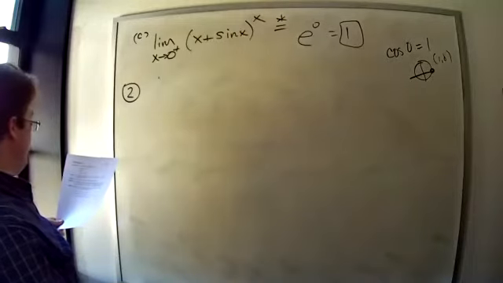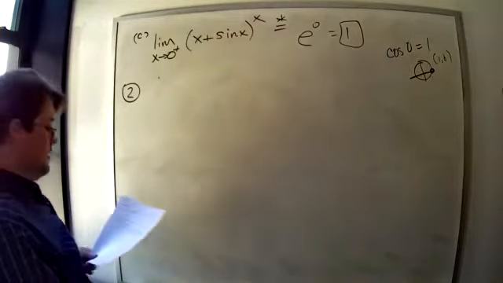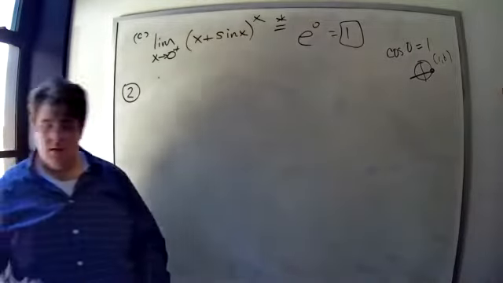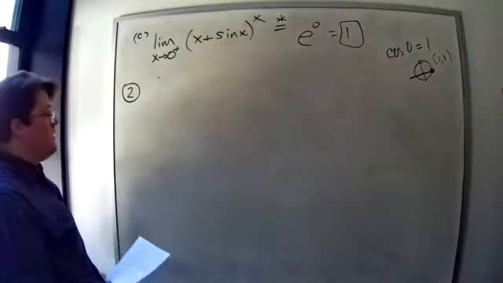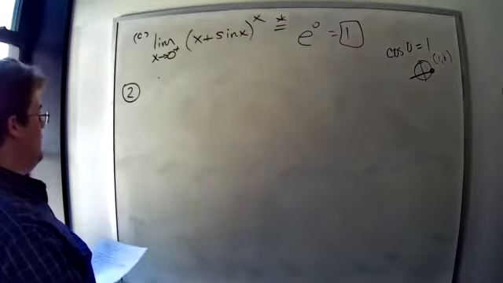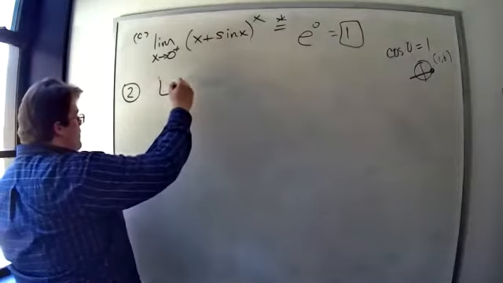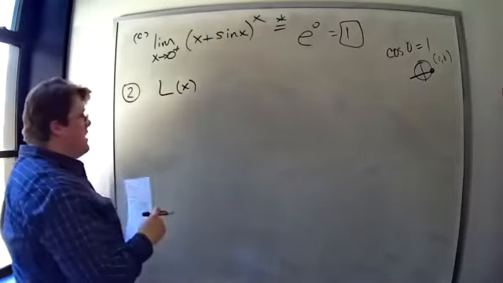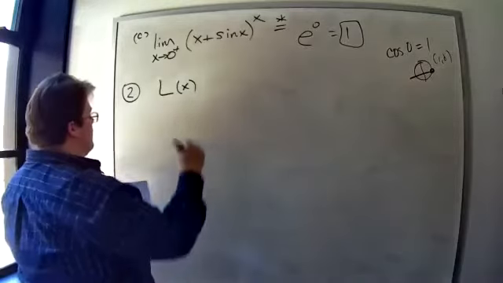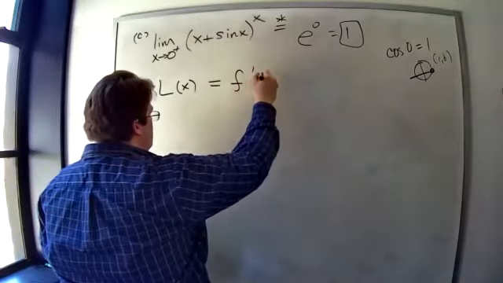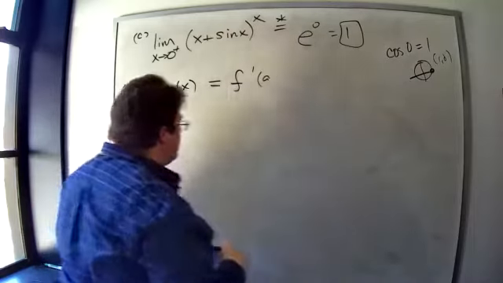Where are we? Number 2. Find the linear approximation. Numbers 2 and 3 use the linear approximation. And the linear approximation is a result of following the tangent line. So the general equation for the linear approximation is a rewriting of an equation for a tangent line.